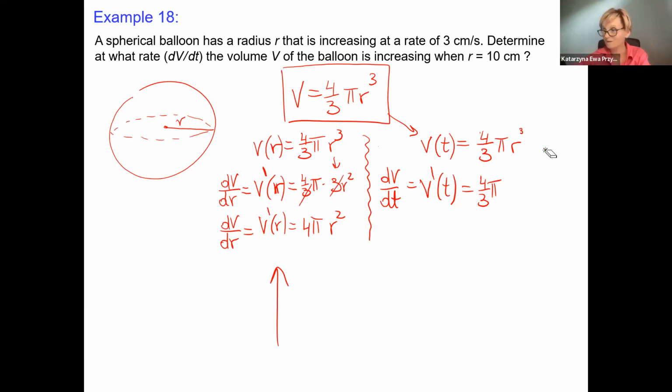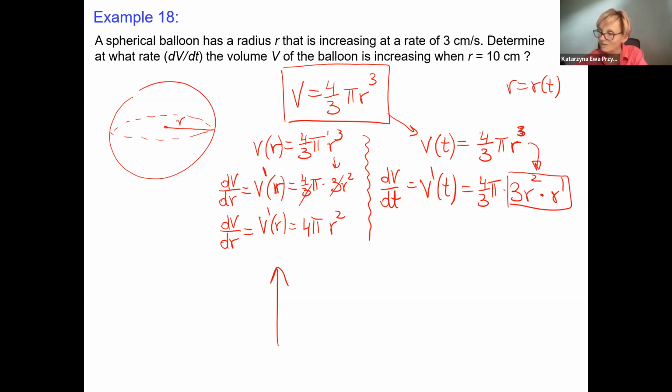I still have to remember that r depends on t. That means the derivative of r cubed is the same thing, 3r squared, but we know that behind r we have an inner function, times r prime, which is dr/dt. It's more proper notation.